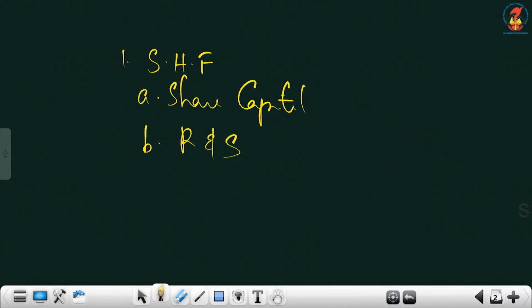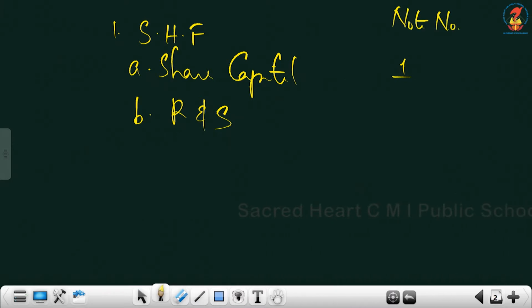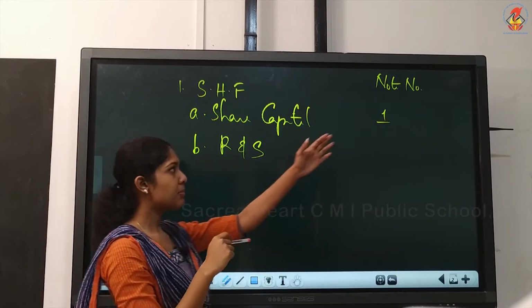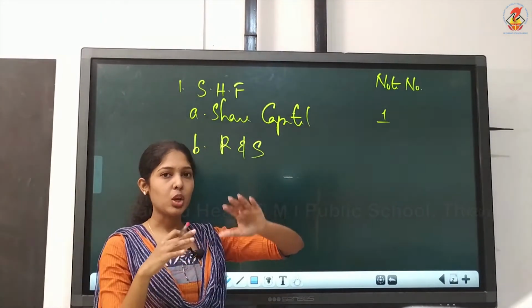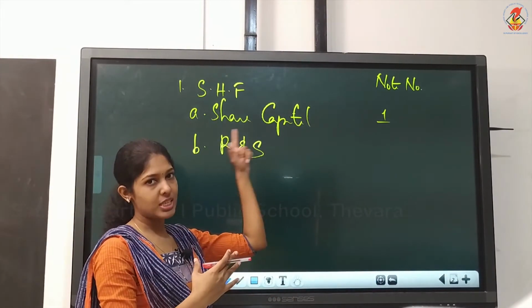Usually when you do the question, for share capital we'll write note number 1. You have a column now like note number, so below that we'll write note number 1. What is the meaning of writing note number? Note number gives the explanation of this item.